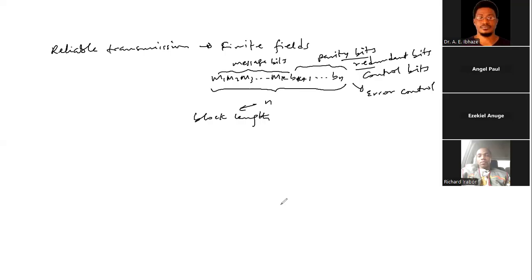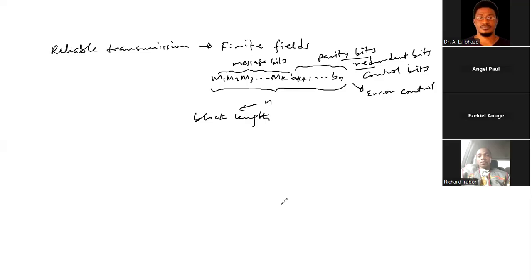So if we also expect a finite duration of some sequence of alphabets at the point of decoding, then what we are dealing with in general is some finite elements which form a finite field.